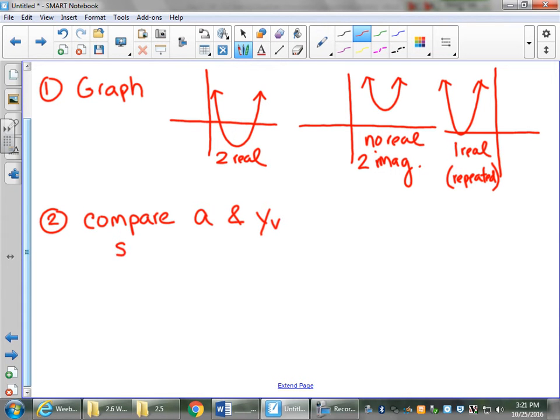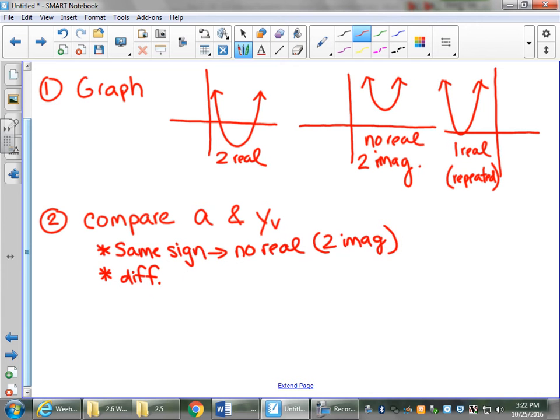So if they're the same sign, then there was no real solution, also now known as 2 imaginary. We didn't know about imaginary back then. If they have different signs, then there's going to be 2 real solutions, 2 distinct ones.